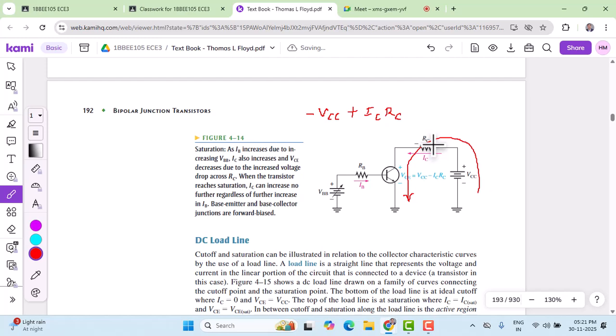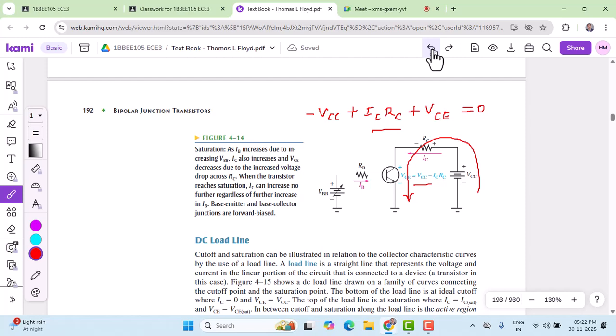IC times RC is the drop across RC, and there is a voltage developed across collector and emitter, that is plus VCE, which is equal to 0. If you rearrange this equation, you get the equation shown here: VCE equals VCC minus IC RC. You can obtain this equation by applying KVL to the collector emitter loop shown here.